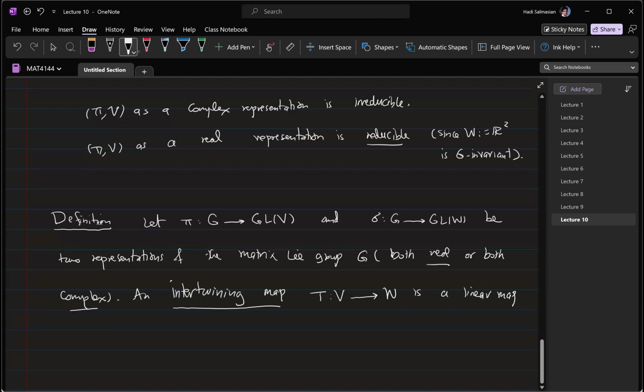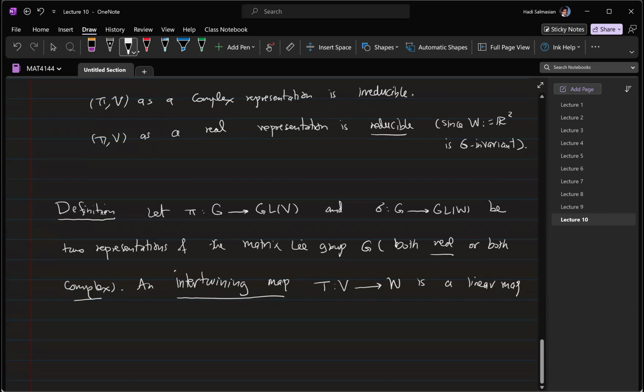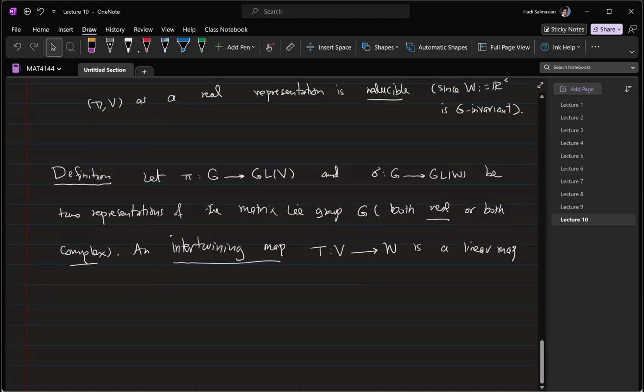If you're in the complex world, you want C-linear. So it's a C-linear map that commutes with the actions, which means that T pi(g) v equals sigma(g) T v for all g in G and v in V.